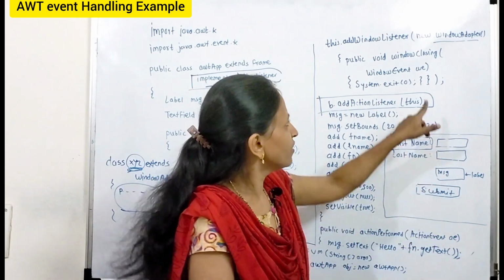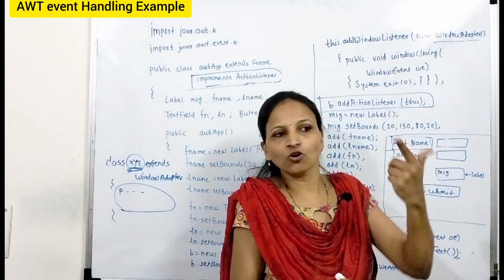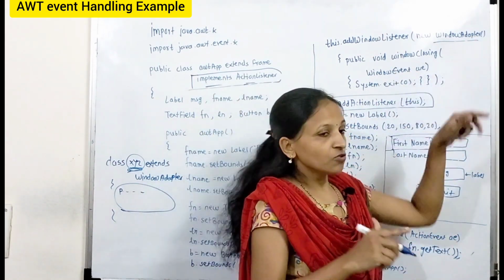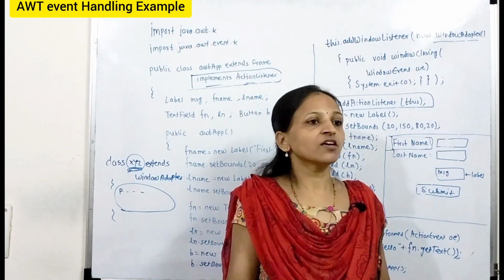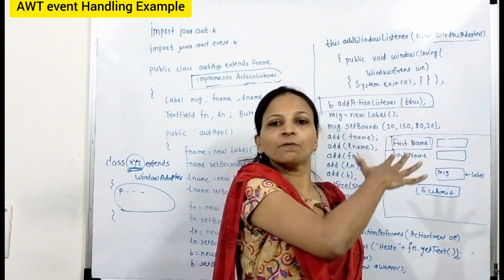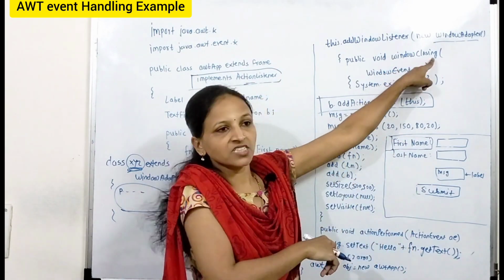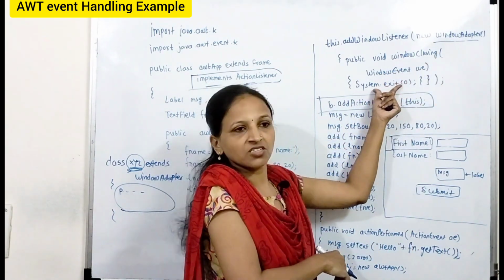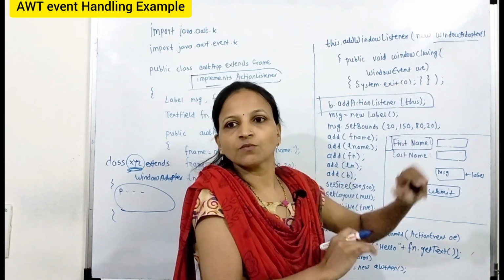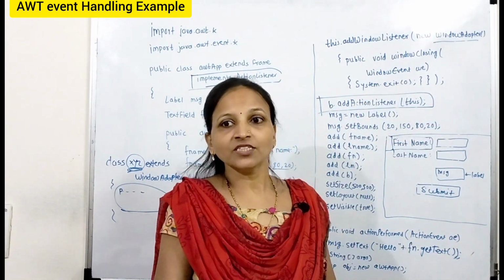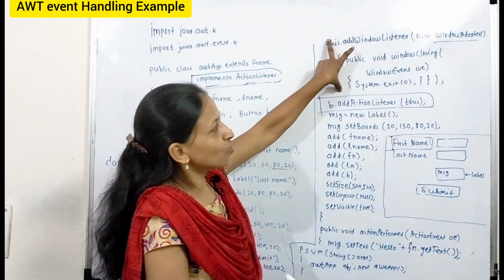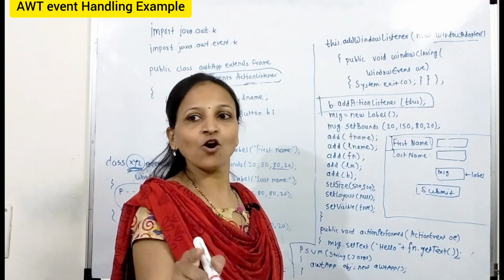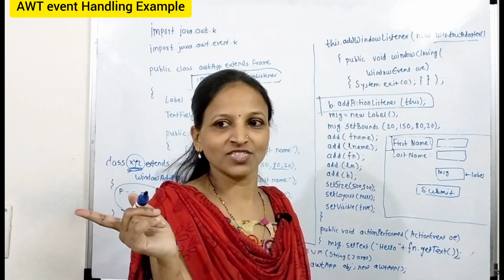In the same way, windowClosing takes a WindowEvent object. After the user tries to close the window, that window event object will be passed and caught inside this windowClosing method, and it will do whatever action. Here I have written only System.exit(0). Means you have to just put this code always if you want that window to be closed.